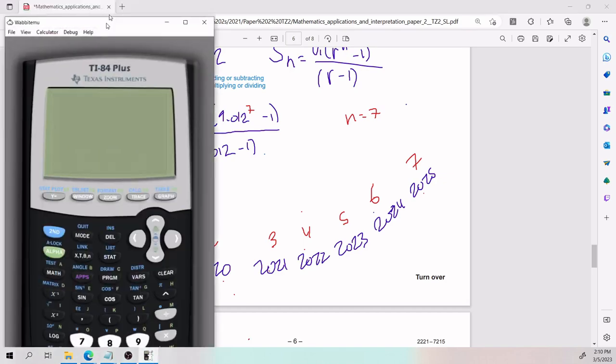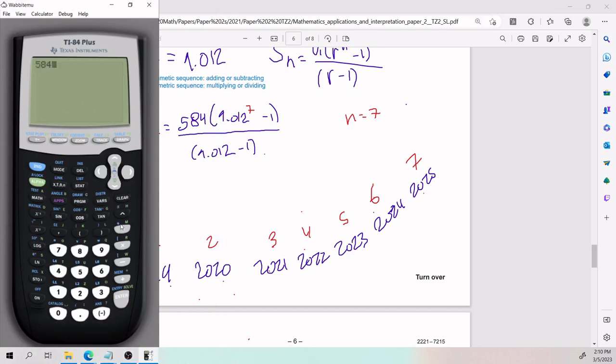Let's find out. So with 584 times this whole fraction, oops, let me do that again. Sorry, 584 times this whole fraction, which will be 1.012 to the power of 7 minus 1, parentheses close.